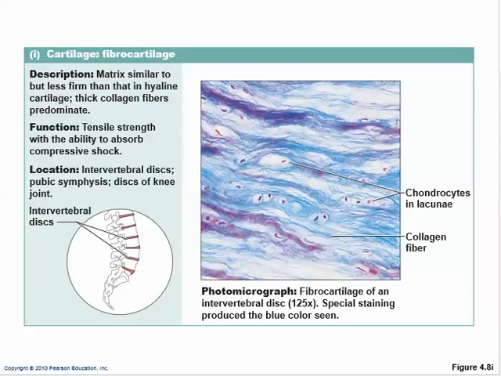The third type of cartilage is called fibrocartilage, and fibrocartilage has a lot of collagen fibers in it, so it really is very strong against tension, and the matrix has enough ground substance in it that it's pretty good against compression as well.